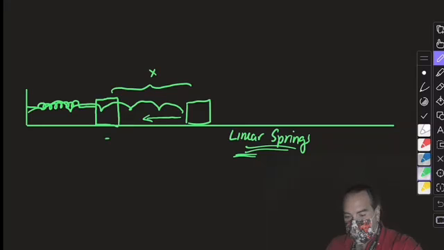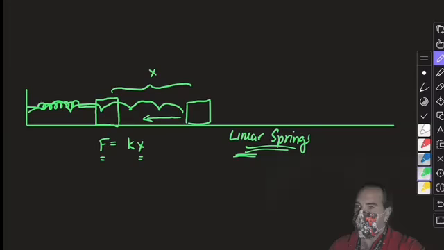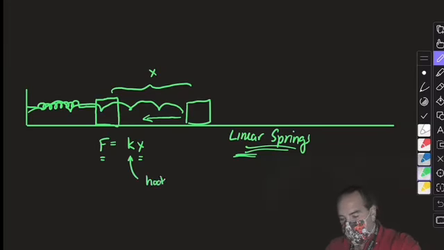So in mathematics, if I'm speaking my math language, it looks like this: F = kx. F is force, x is how far the spring has been stretched. k is a special value known as the Hooke's law constant, or the spring constant.